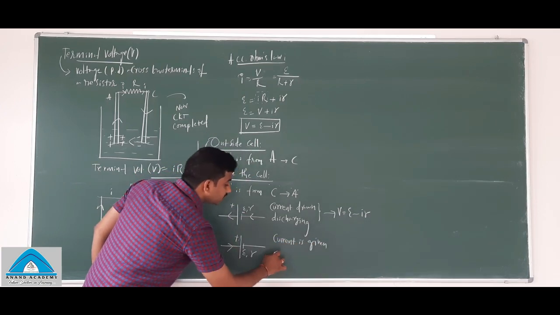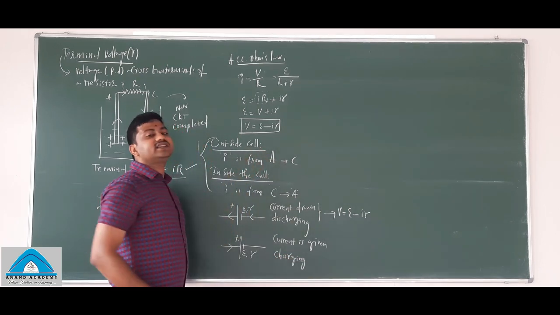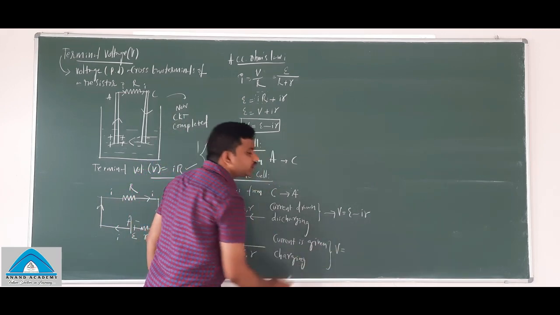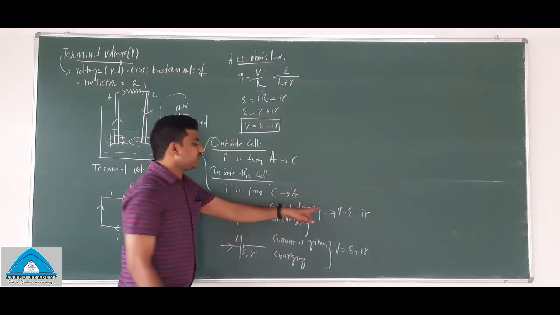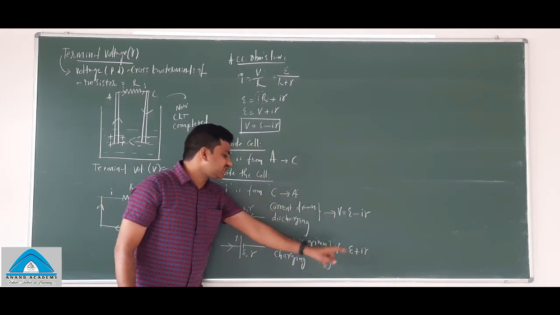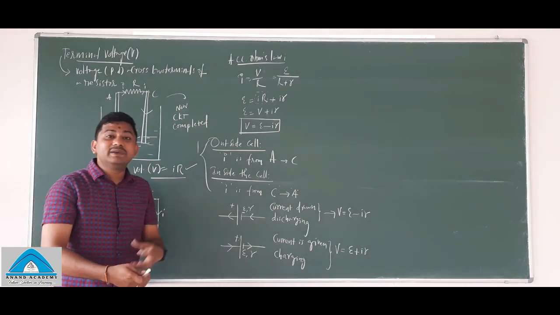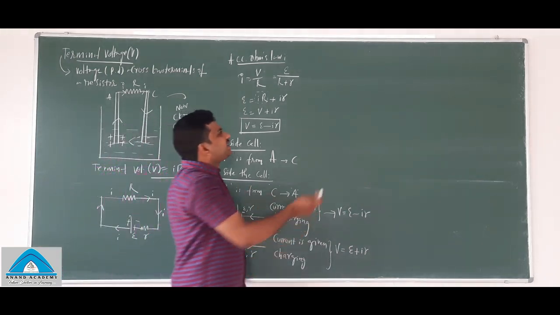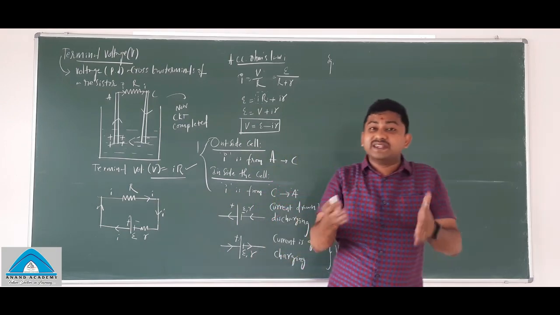That is called charging. Discharging case is different, charging case is different. In this case, your terminal voltage will be written as E plus Ir. So this is for discharging and this is for charging. This is how it goes. We will be giving it and we will be drawing from it. And let us solve the basic numerical, how the questions will be asked based on these basics.